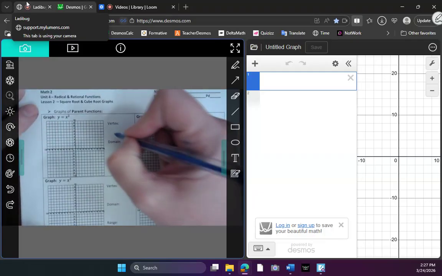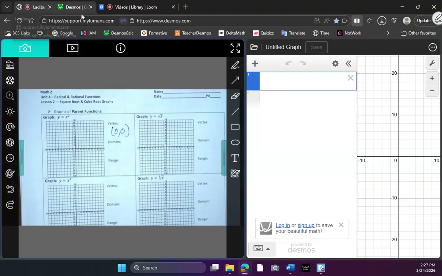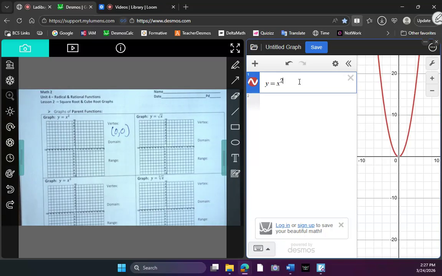So that indicates that this vertex is at 0, 0. And feel free to always check with Desmos. We got y equals x squared, and you can always hit that vertex, and you can see right there that that is at 0, 0, just like we said.